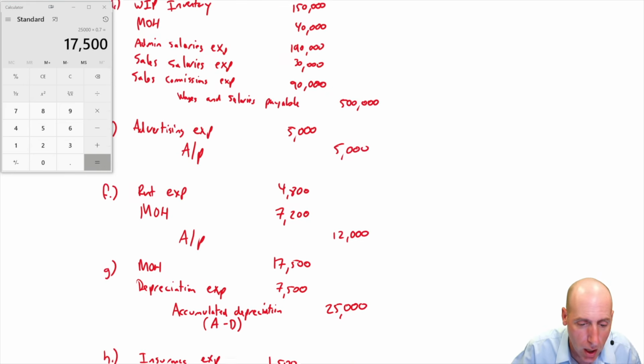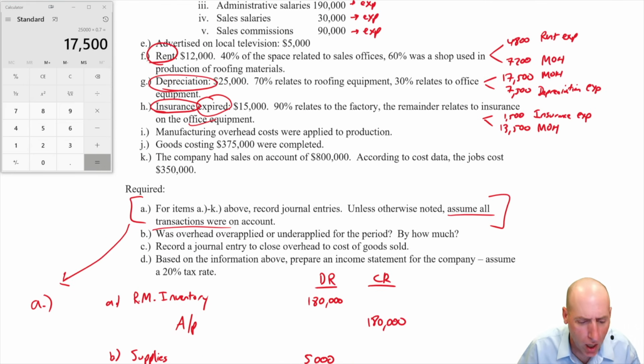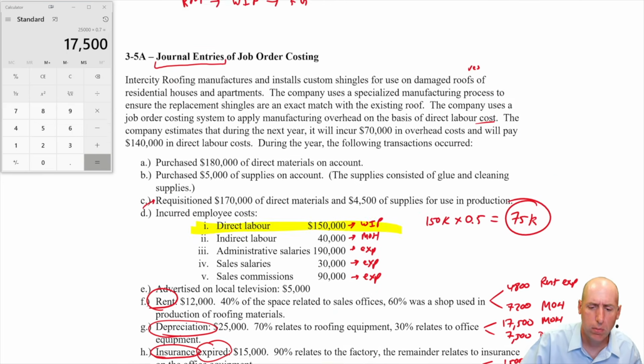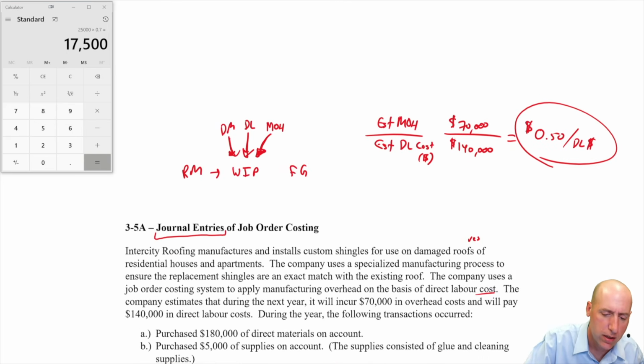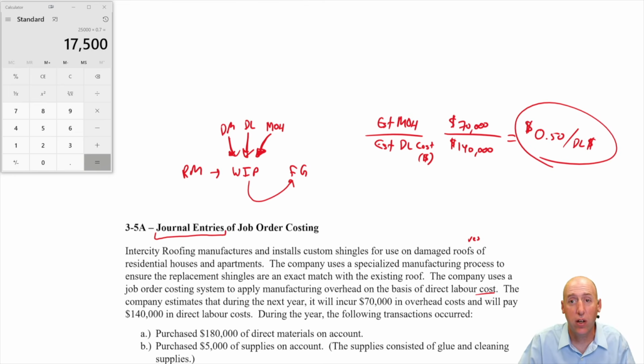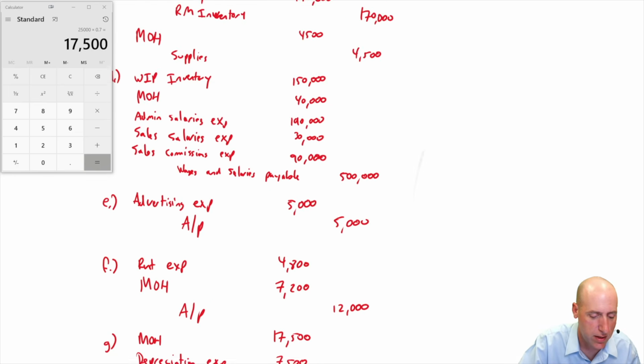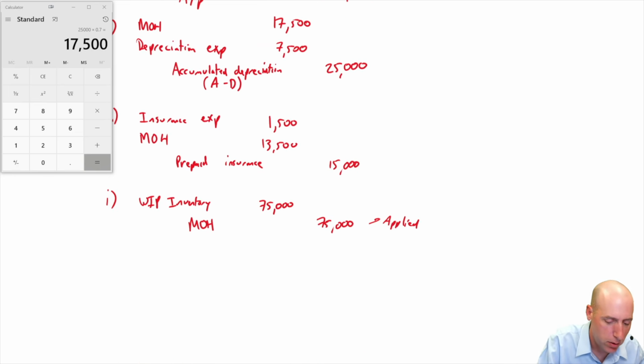Continuing. Journal entry J, goods costing $375,000 were completed. Okay, so we said things go from raw materials to work in process to finished goods. Well, now we're finishing our goods. It's no longer WIP, it is a finished good. I am going to credit for J, credit work in process.